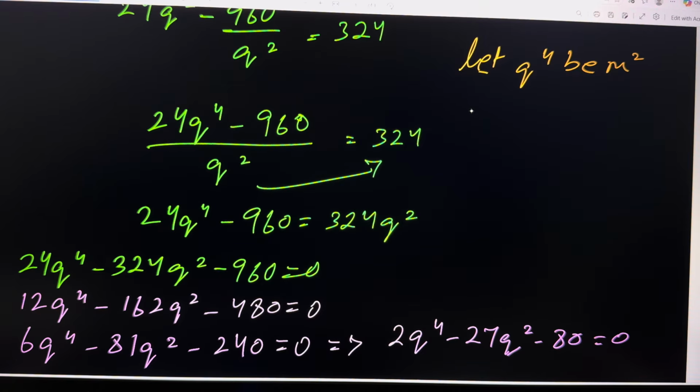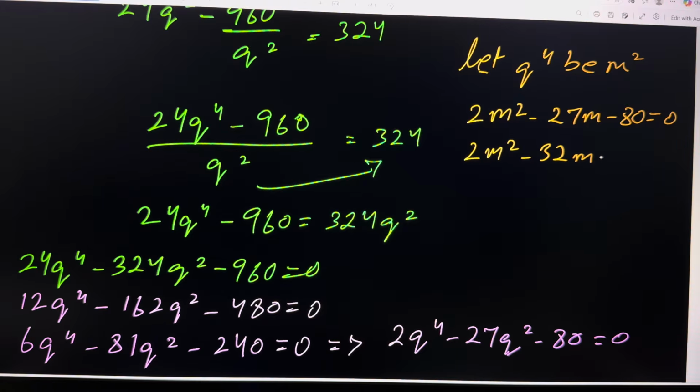So this becomes 2m squared minus 27m minus 80 is equal to 0, and our factors will be: 2 times 80, 160, divided by 8, now 5. 32 and 5, yeah, and 32 will be negative, I think so. Minus 32 plus 5, minus 27. So 2m squared minus 32m plus 5m minus 80 is equal to 0.